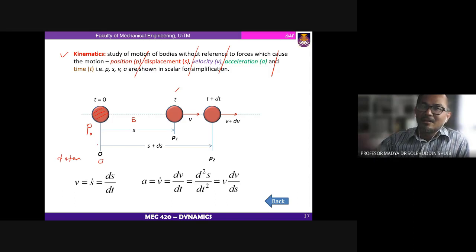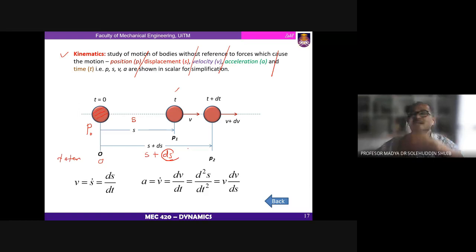From this datum P0 to P2, you have s plus ds. ds means the small increment of the displacement, then s plus 0.1, 0.2, 0.3 until it reaches P2.